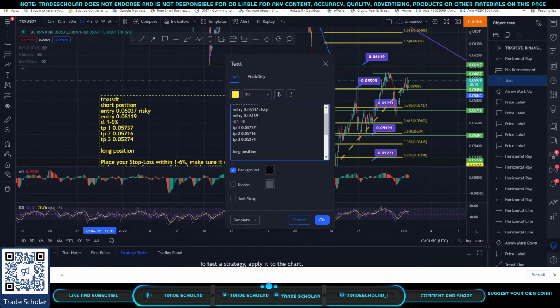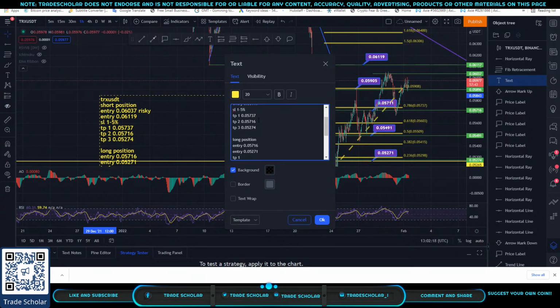So if you want a long position, entry will be 0.0576. Okay, sorry if you can hear my pets. Second entry will be 0.05271. Okay?